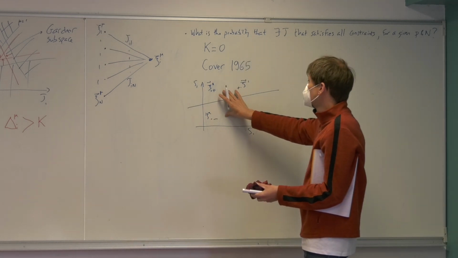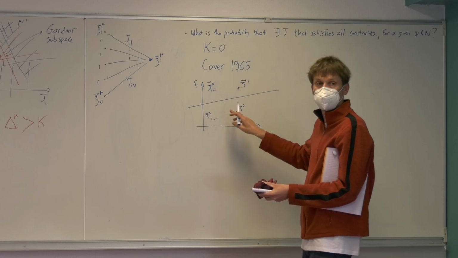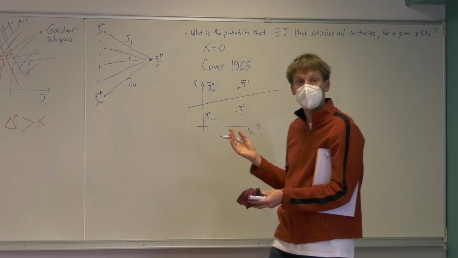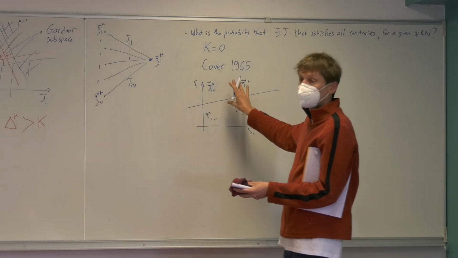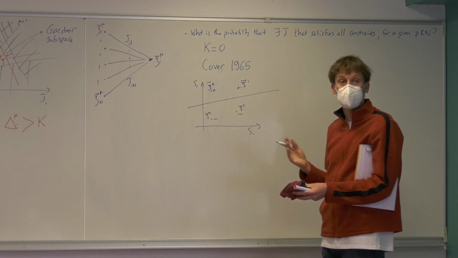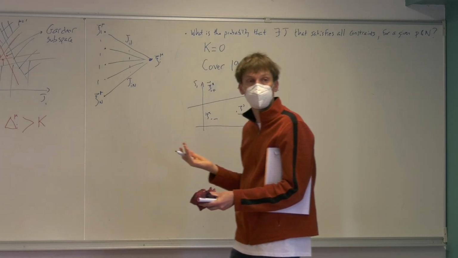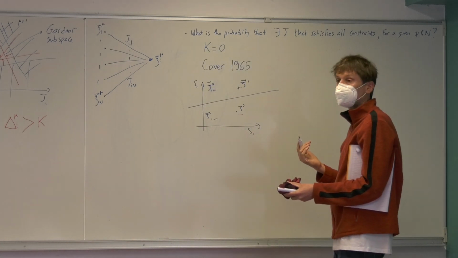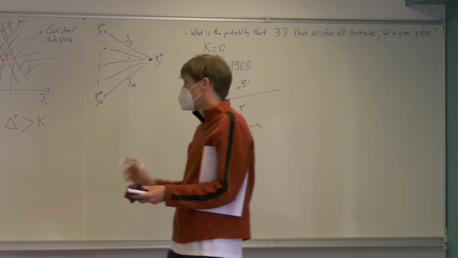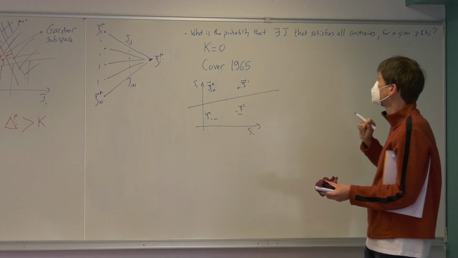And so what Cover did is that he counted the number of possible dichotomies of these P points in this N-dimensional space that can be realized by a hyperplane. These are called linearly separable dichotomies. This is a very nice calculation that gives you, in fact, the result.